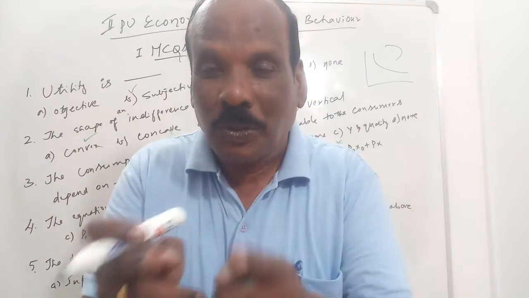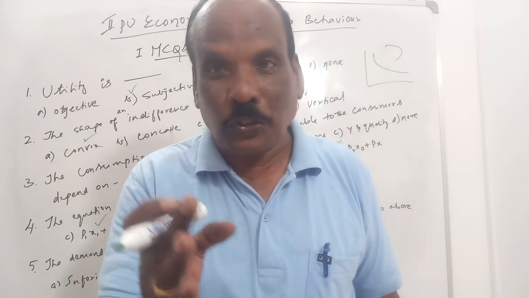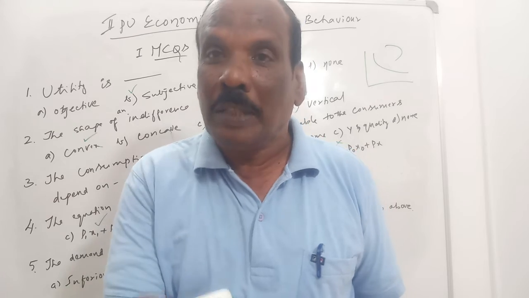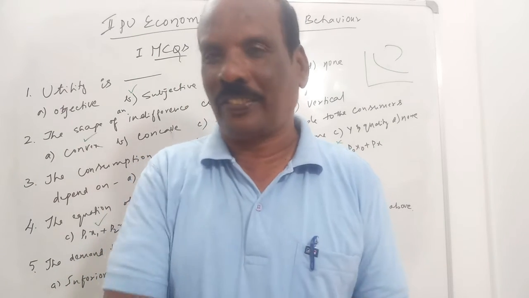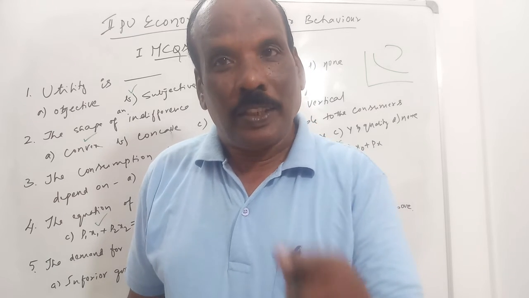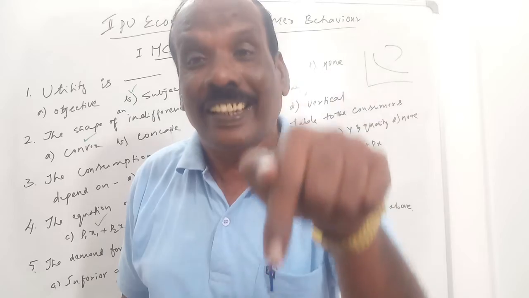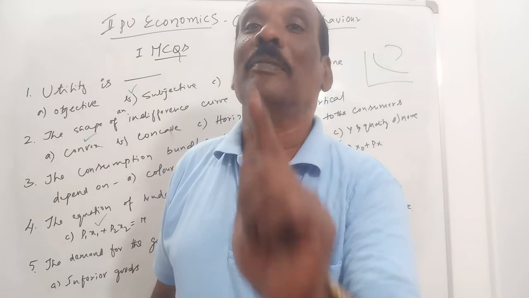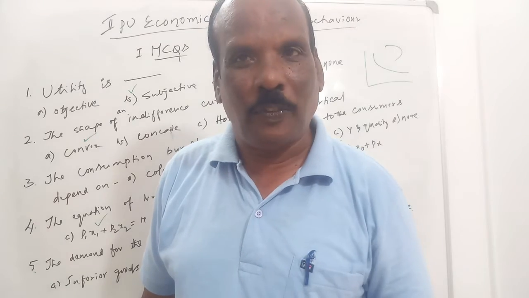And that good is called normal good. Normal goods are those goods whose demand increases as the income of the consumer increases. And inferior goods are those goods whose demand does not increase as the income increases. And such goods are inferior goods.